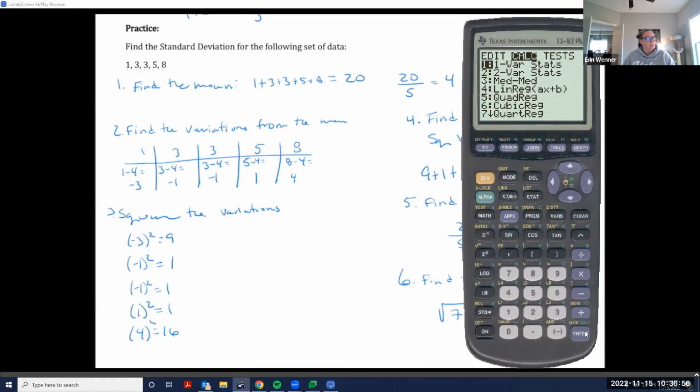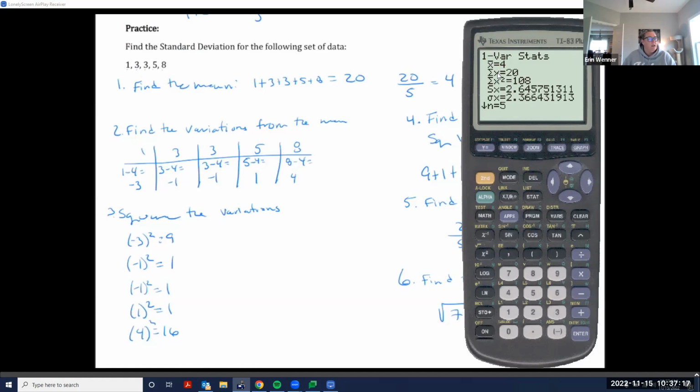So let's press enter. And then we need it to run on list L1. So we're going to do second, and then go down here to number 1, which is going to give us L1. And we'll press enter. And you can see it gives us a mean of 40, which we knew.